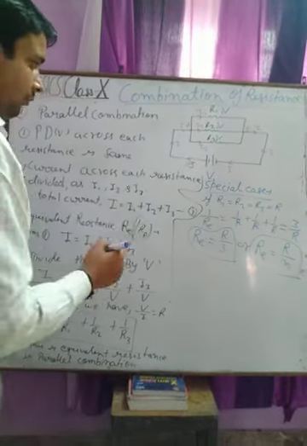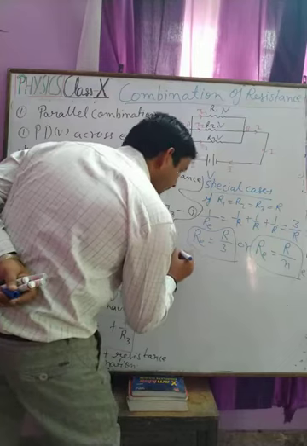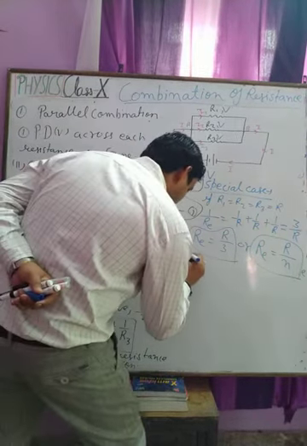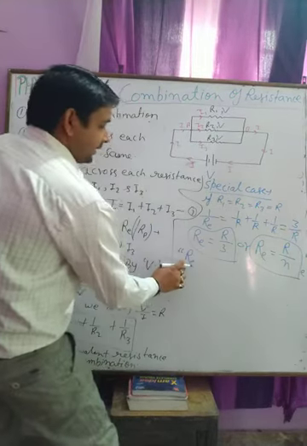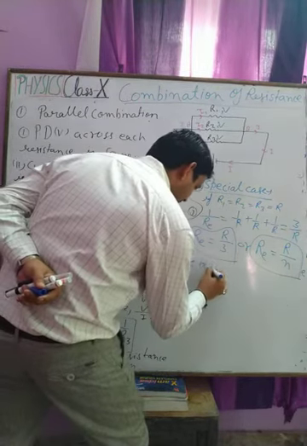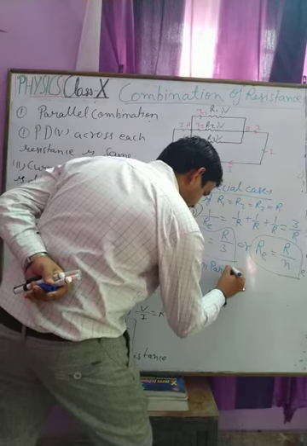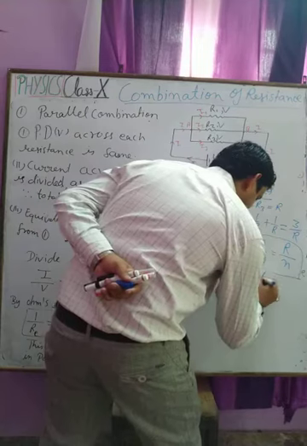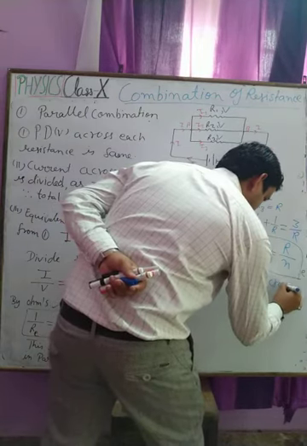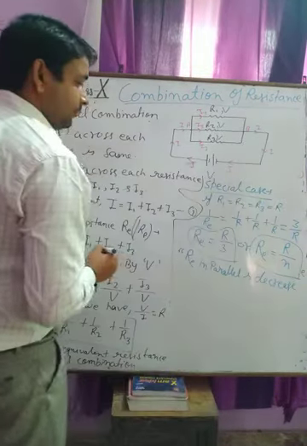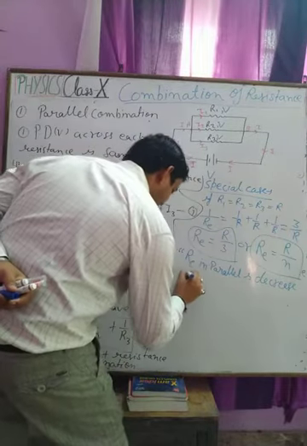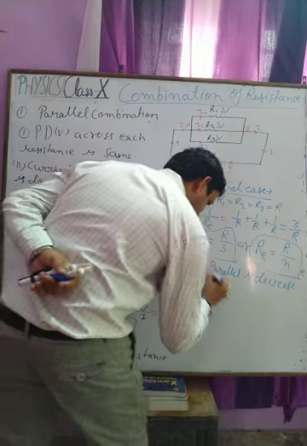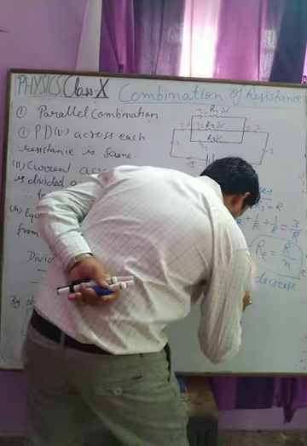Okay, now what we get here, equivalent resistance in parallel decreases, so it gives maximum current.